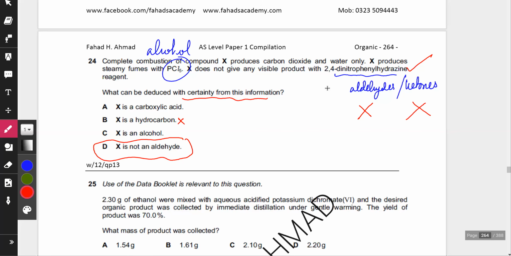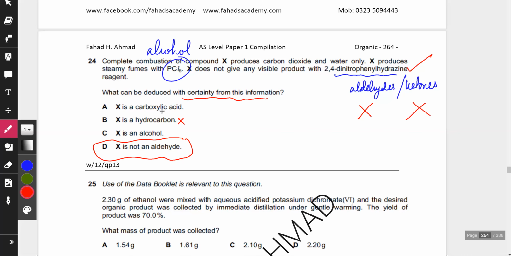Actually, the problem is that there was one reaction that happened with carboxylic acids and PCl5, which has been moved to A2 now. So with PCl5, carboxylic acids also react and alcohols also react.